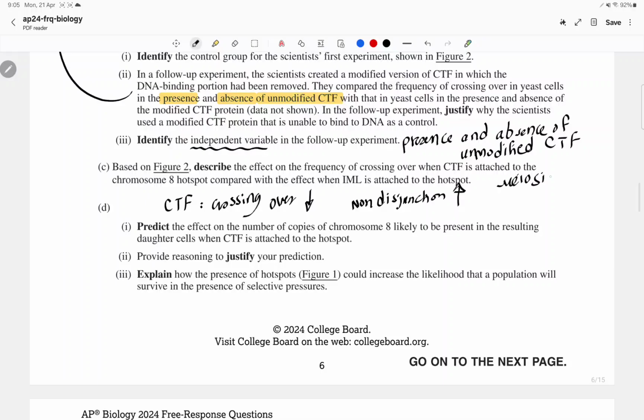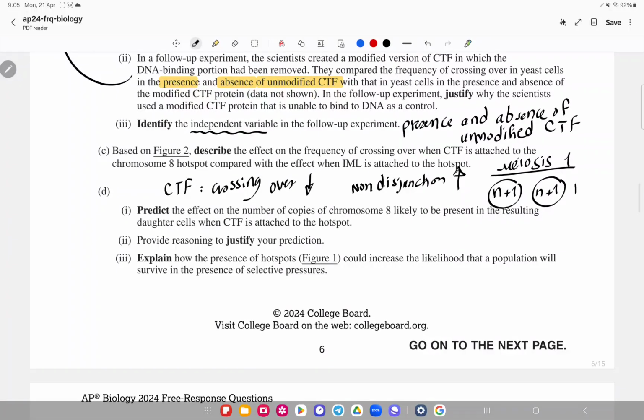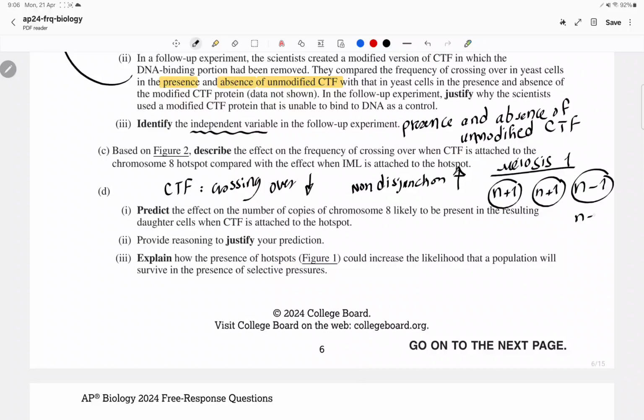And if non-disjunction happens in meiosis 1, you can be expecting some bad results, right? Because what's going to happen is you will get 4 gametes. 2 of them will be N plus 1, which means they have one more chromosome above the normal, and 2 will be minus 1. They'll be having one chromosome below the normal. So how do we answer the predict part?